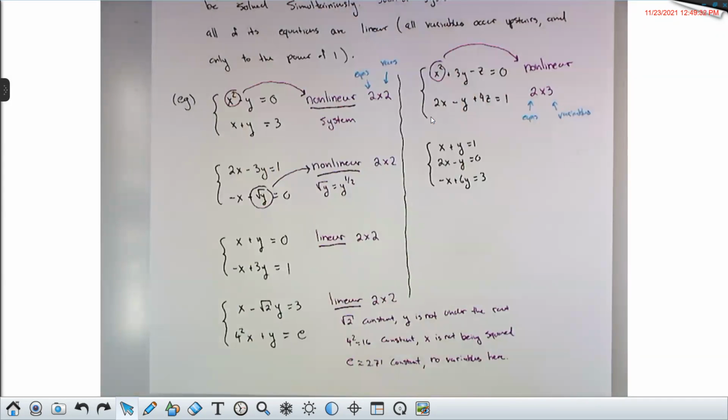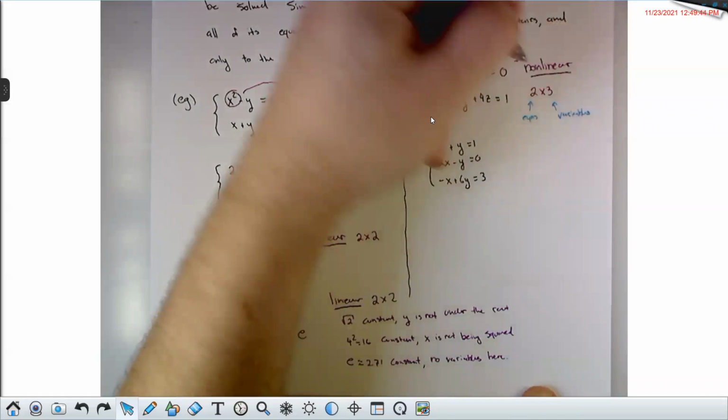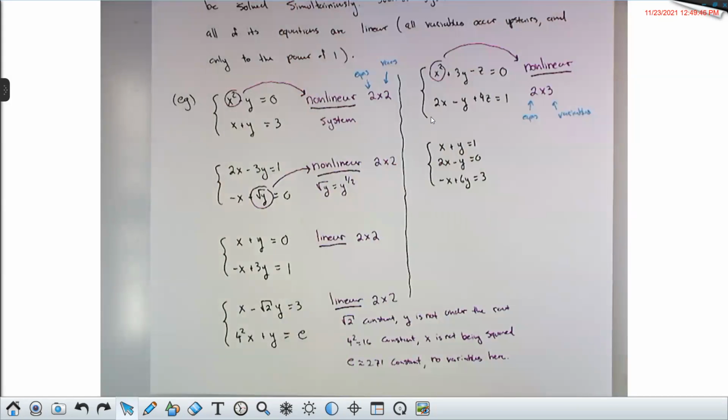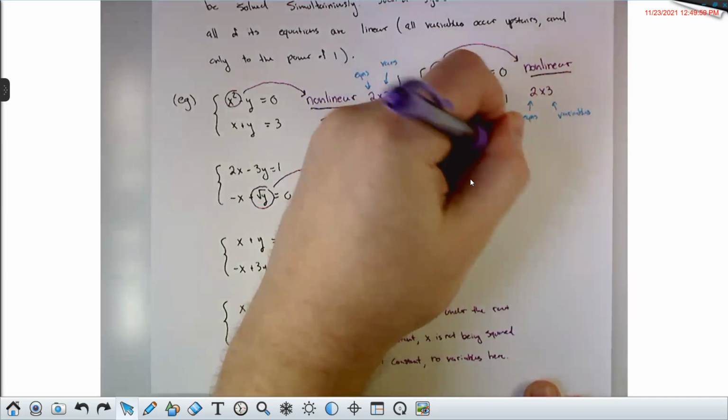What is this guy? Linear or nonlinear? Linear. Good. This one is linear. Every time we see a variable, it's upstairs. It's raised just to the power of 1. So this is linear.